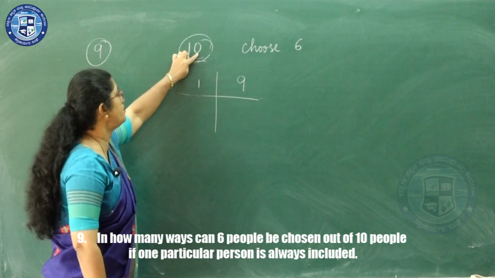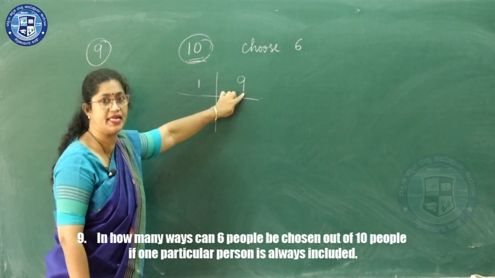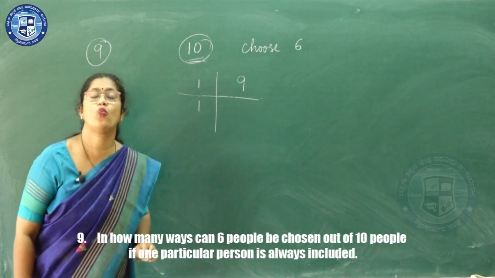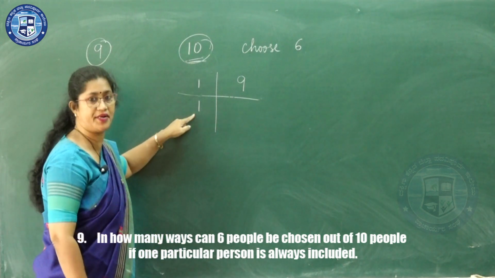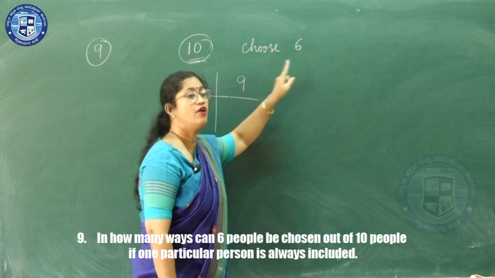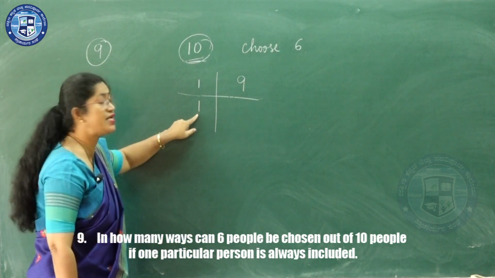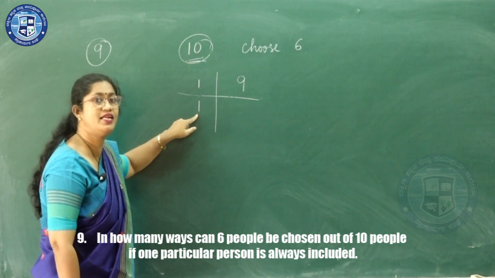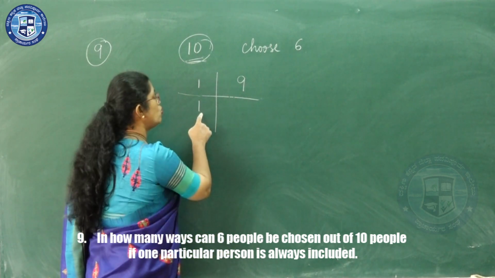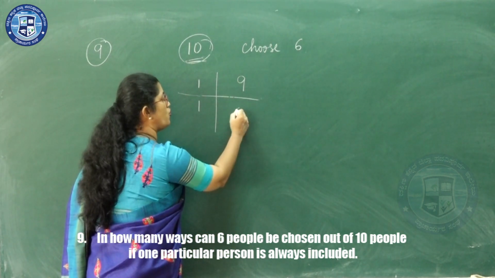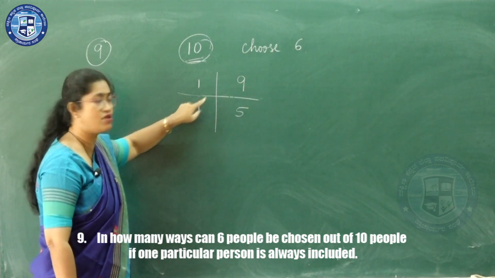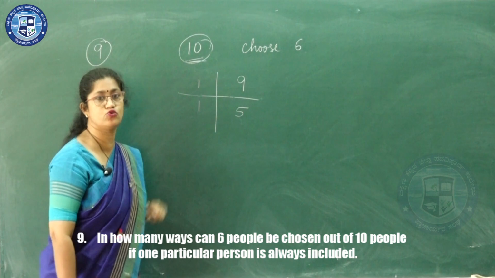So this 10 people have split as 1 and 9. So this is the person who is already selected. So one selection is over. Totally I have to choose 6. If the total has to be 6, 1 is already over. I need how many more? I need 5 more. And those 5 have to be chosen from the second group, from the remaining 9, I have to choose 5.